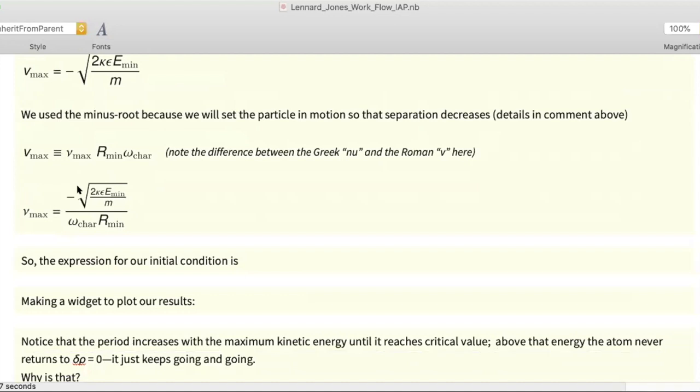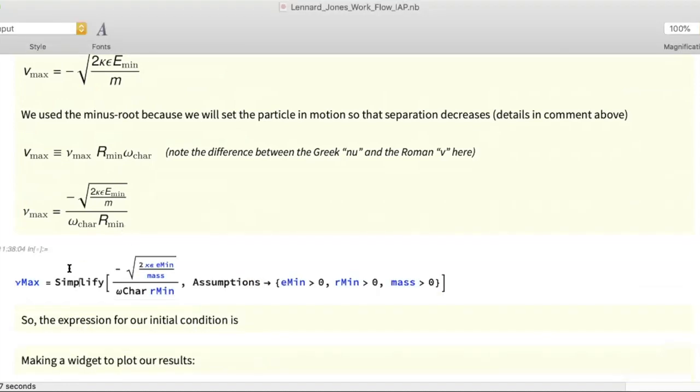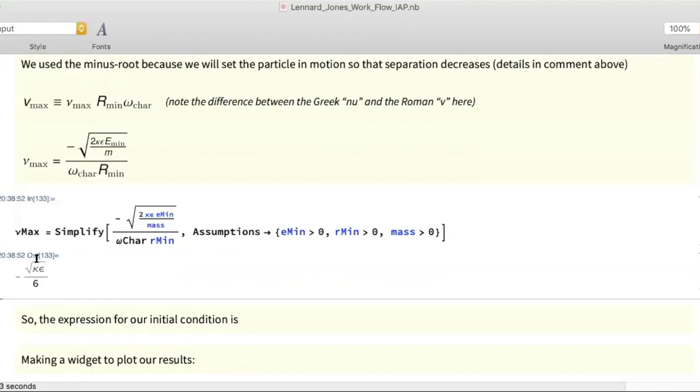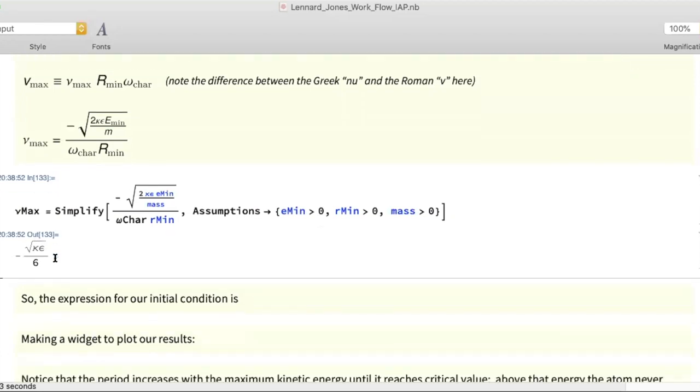In this problem, I'm going to make the system be going towards shorter separation, so I'm going to pick the negative root. And this is going to be, oh, I don't like doing algebra. So this is going to be what Vmax is in terms of my non-dimensionalized initial kinetic energy.